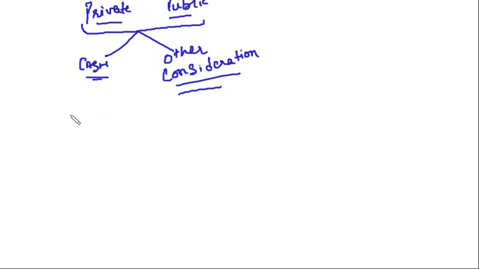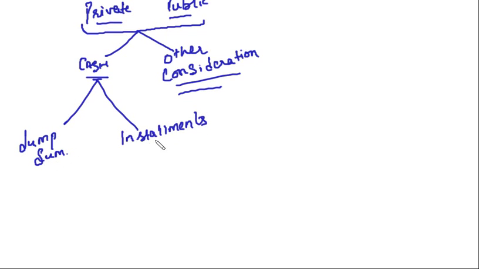Now, when in cash, it can be in lump sum or it can be in installments. That means if you are issuing a share with a face value of rupees 10, you have to receive rupees 10, right? Either it can be received in lump sum, that is the whole amount is received in one go.